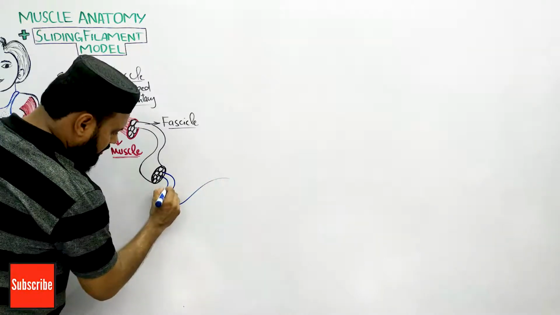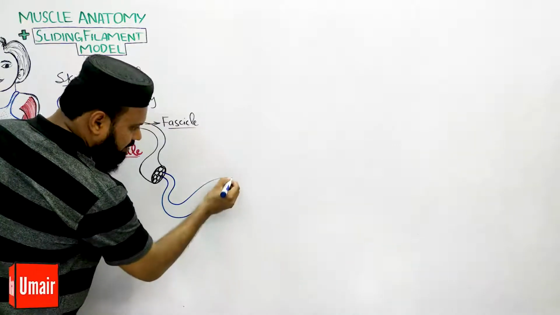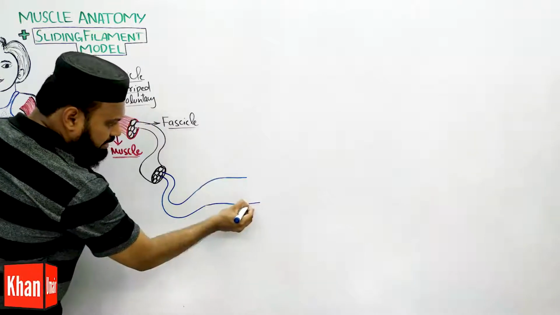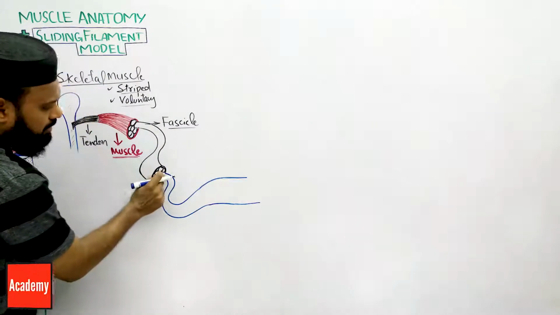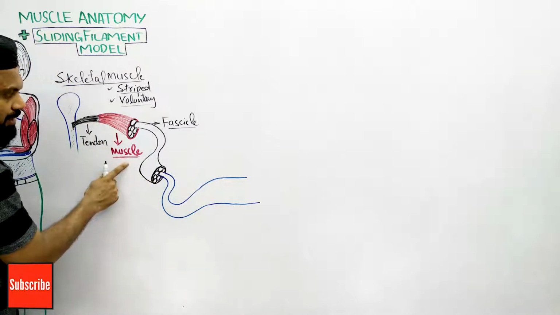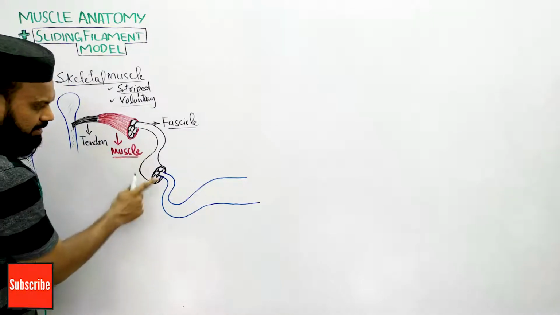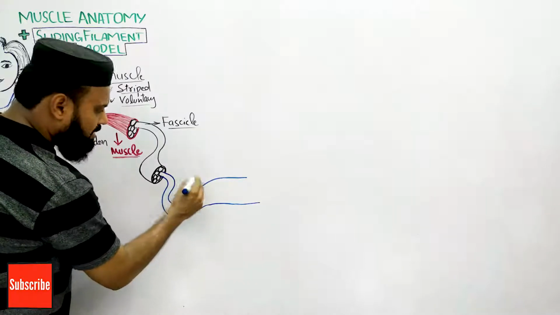This is called a muscle fiber, or you can say a muscle cell. This muscle cell looks like it is emerging from the fascicle. So first of all muscle, then fascicle, then another fiber called muscle cell or muscle fiber.